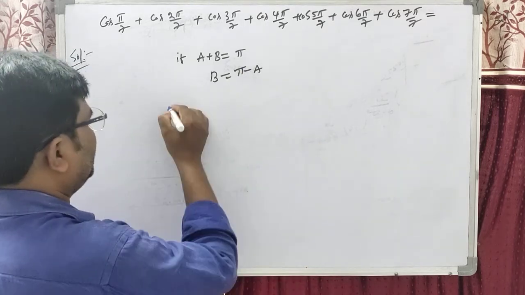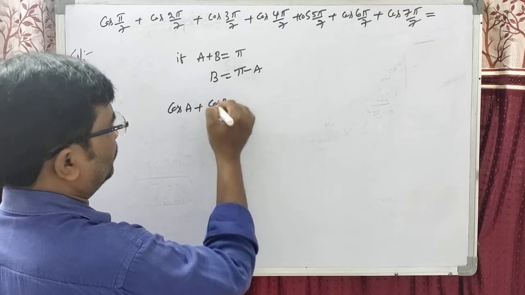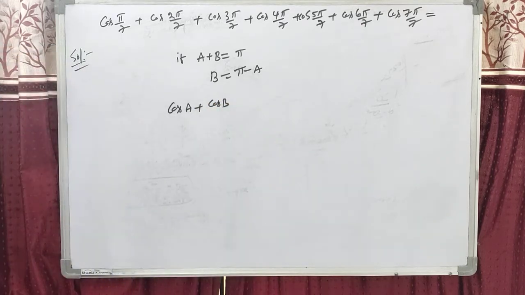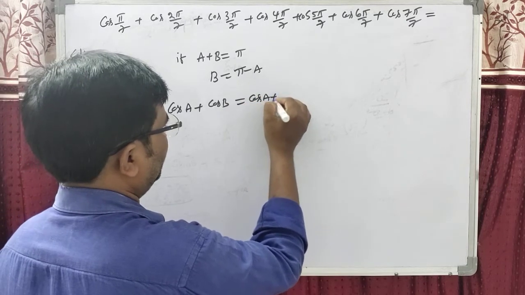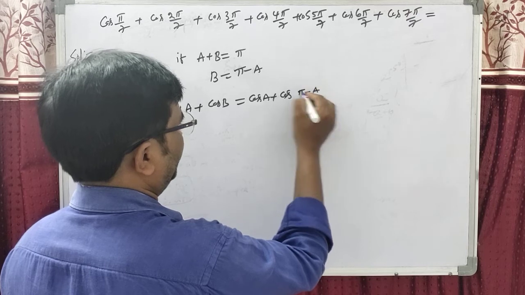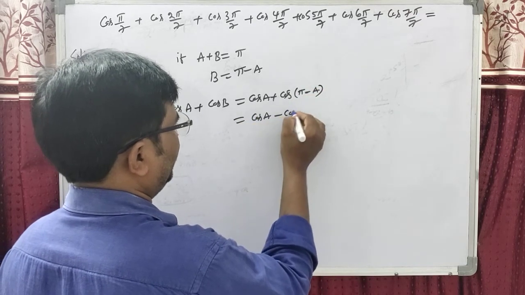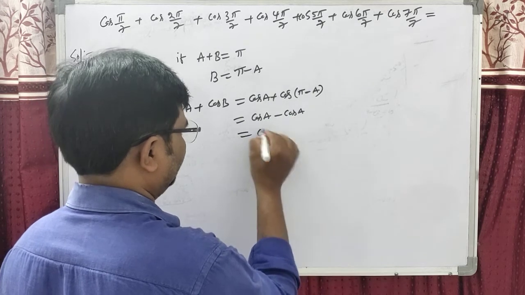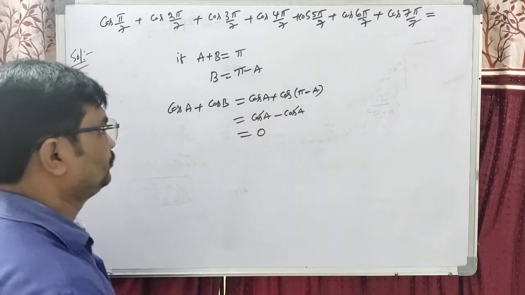Now I find cos a plus cos b, where cos b is cos of pi minus a. This is cos of 180 minus theta, which is minus cos theta. What did we get, students? Cos a minus cos a cancels.